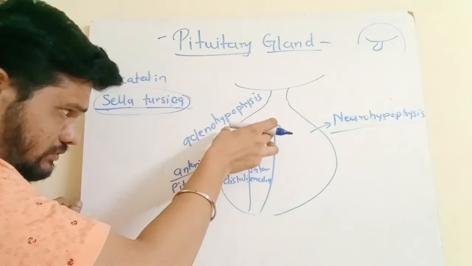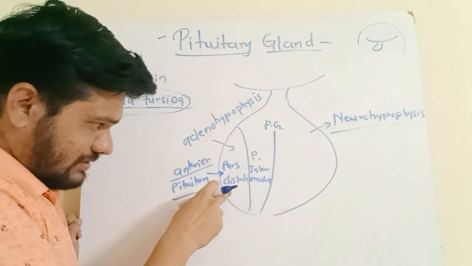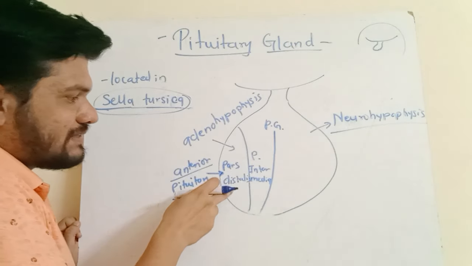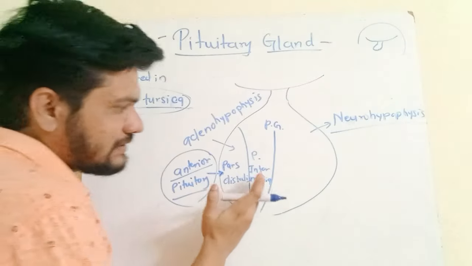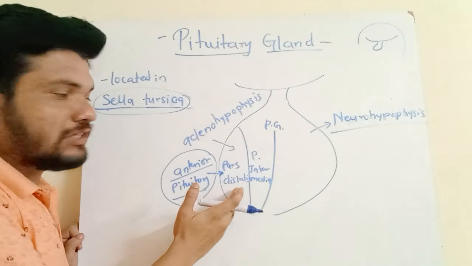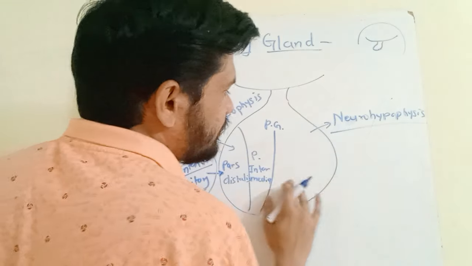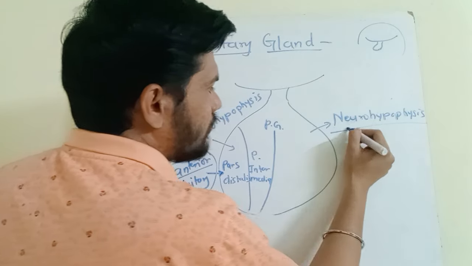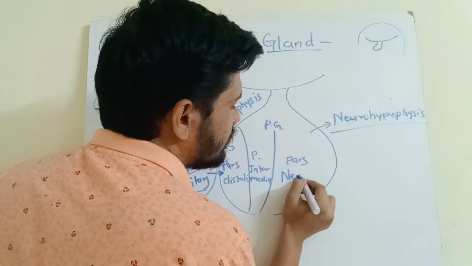So this part is divided into two subdivisions called pars distalis and pars intermedia. Pars distalis is commonly called the anterior pituitary, although the pars intermedia is almost merged with the pars distalis in humans. Then this region is called the neurohypophysis, also called the pars nervosa.